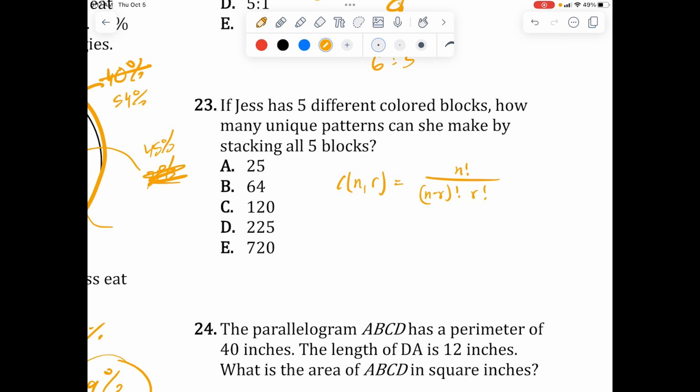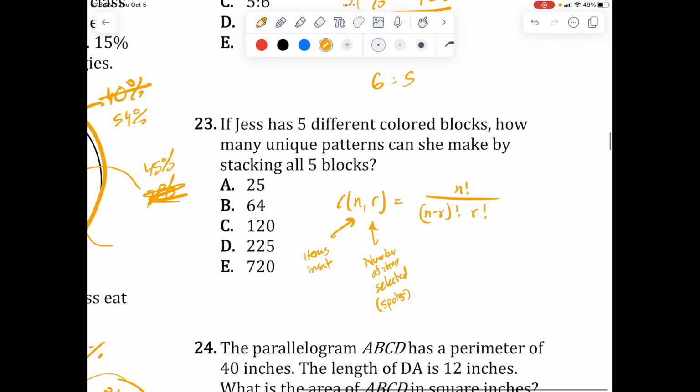And I'll describe all of this. So N is the number of items in the set, and R is the number of items selected. Is there a better way to describe that? I think this is like the number of spots that you have. Okay. Number of items versus number of spots. Yeah, R is number of spots. Right. Okay, number of spots.